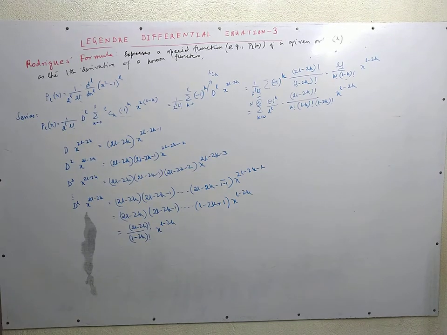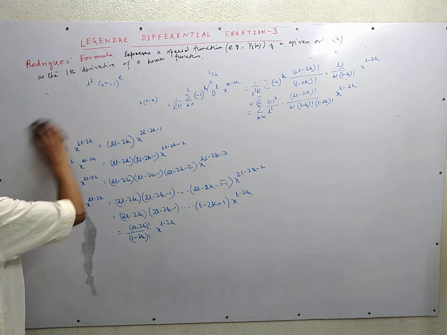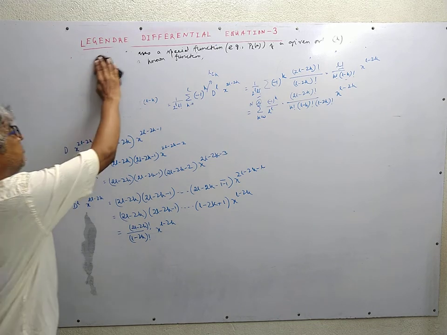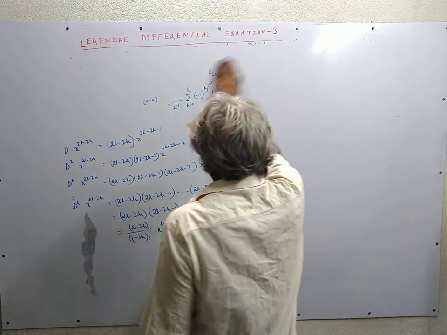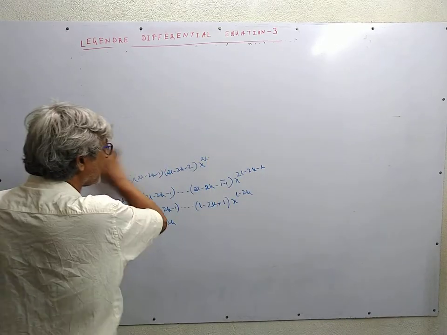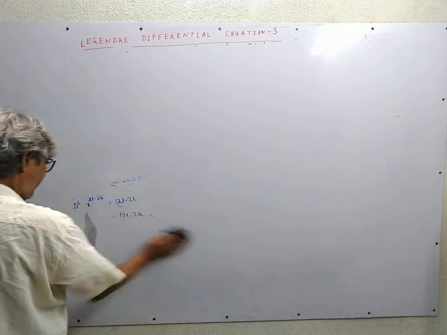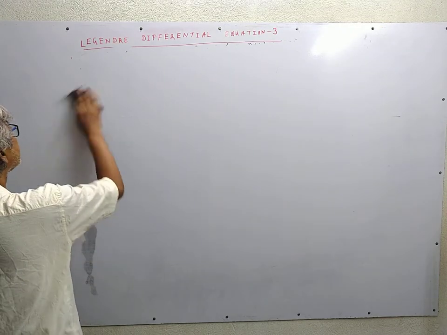In the next class, we shall discuss the generating function of Legendre polynomial. And before going to the generating function, today we shall perform a bit of homework, that is, we shall consider the binomial expansion of a particular kind that will be helpful in discussing the generating function.